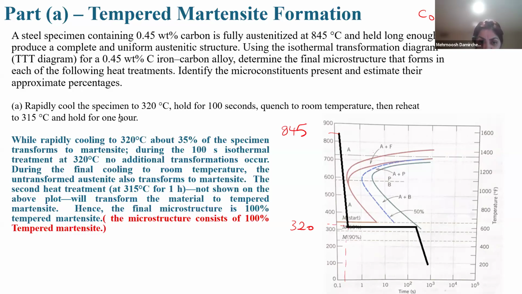Look at here, this time is approximately 0.4 or something, so our time should be a little more than 100. We hold at this temperature, and then quench to room temperature, which should be, for example, 27 something centigrade.